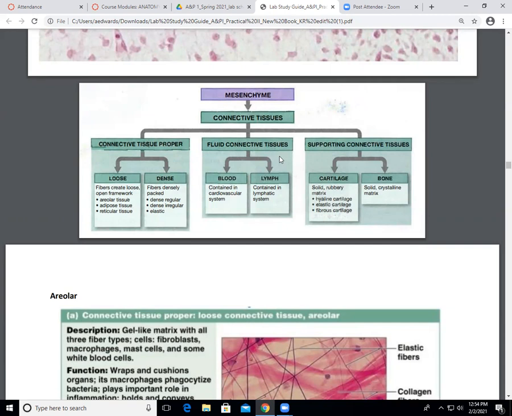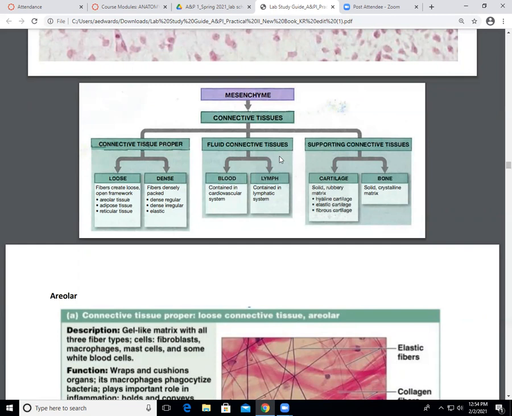All right, connective tissue proper, fluid connective tissues, and supporting connective tissues. Okay, those are 3 subcategories. Under connective tissue proper, you have the loose connective tissue and the dense connective tissue. Okay, we'll cover these individually, but under the loose, we've got areolar connective tissue, adipose tissue, and reticular tissue.